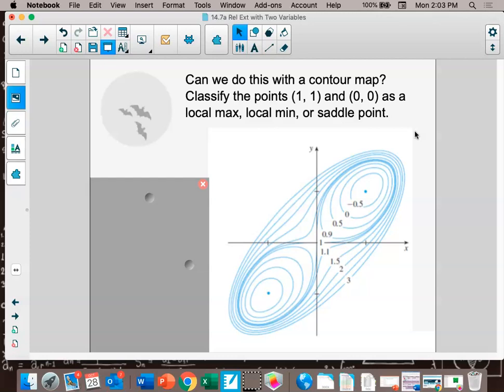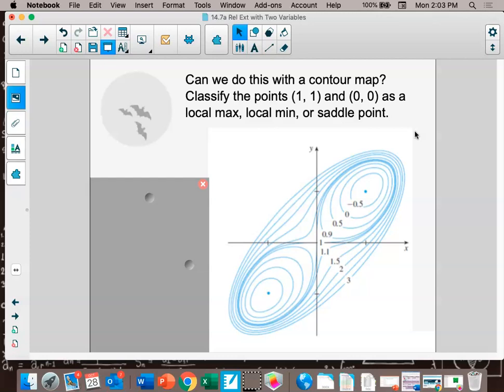All right, you guys, are you good? Do you want to explain what you got? Say that again a little bit louder. So we got a local min for 1, 1. Why a local min here, not a local max?